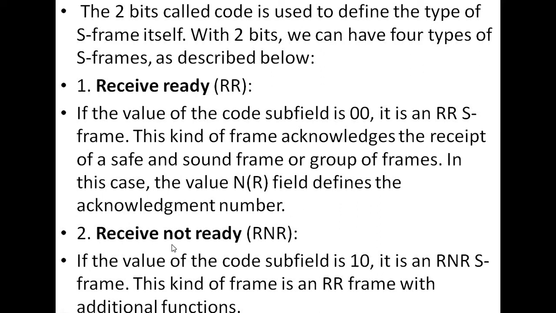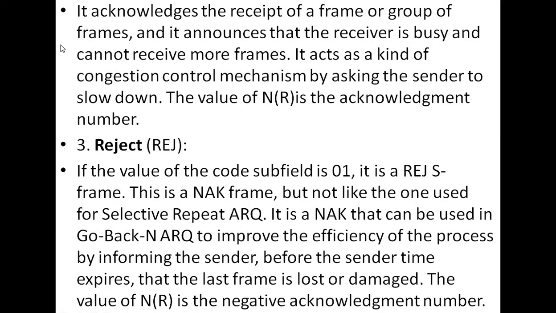And second one is receive not ready, that means RNR. If the value of the code subfield is 10, it is an RNR S frame. This kind of frame is an RR frame with additional functions. What is the additional function?